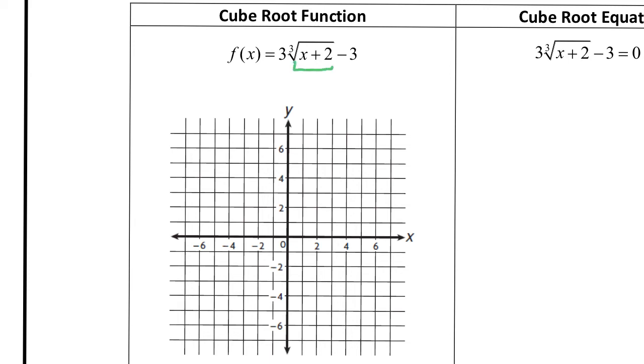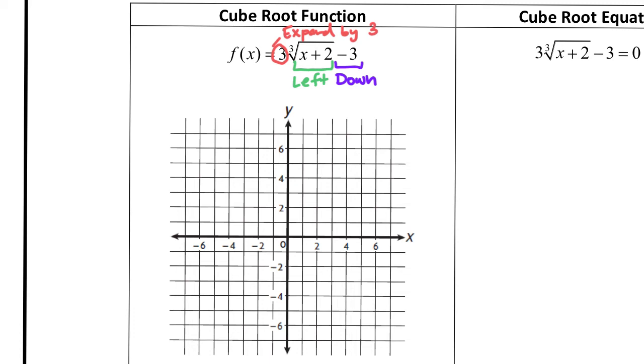I have x plus 2, so that means move to the left 2, and then minus 3 is outside. That means we're going down 3, and then the 3 in front here that's being multiplied, this is an expansion. We're expanding by 3.